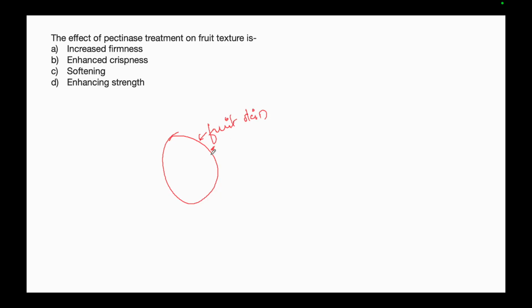So basically we are targeting this fruit skin so that we can get juice more easily. So we soften the fruit overall, and then these fruits are further pressed for juice.